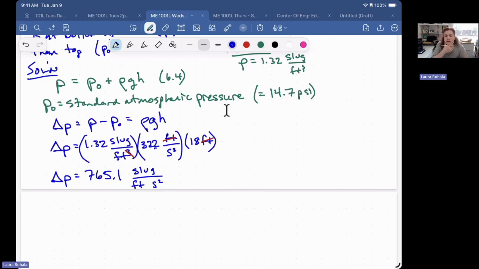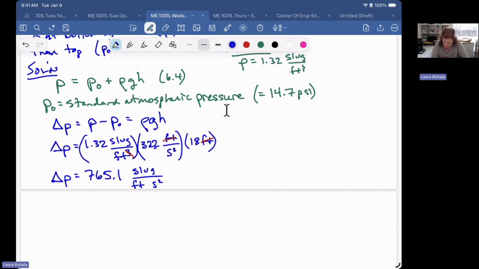Well, that's not what I want. So what do I do? I want pressure in pound per square inch, right? So I have a bit of a problem that I've got it in terms of slugs and not pounds.